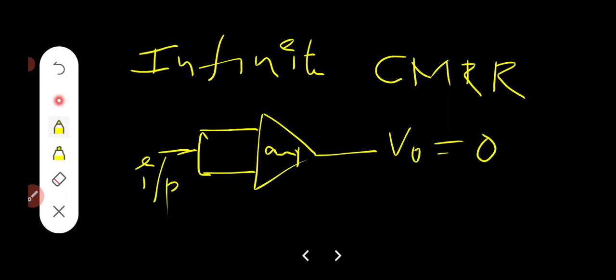So this is the common mode rejection ratio. That means the ideal operational amplifier amplifies only the difference signal. It cannot amplify the common signal; it amplifies only the difference signals. That is one of the important characteristics of the operational amplifier.